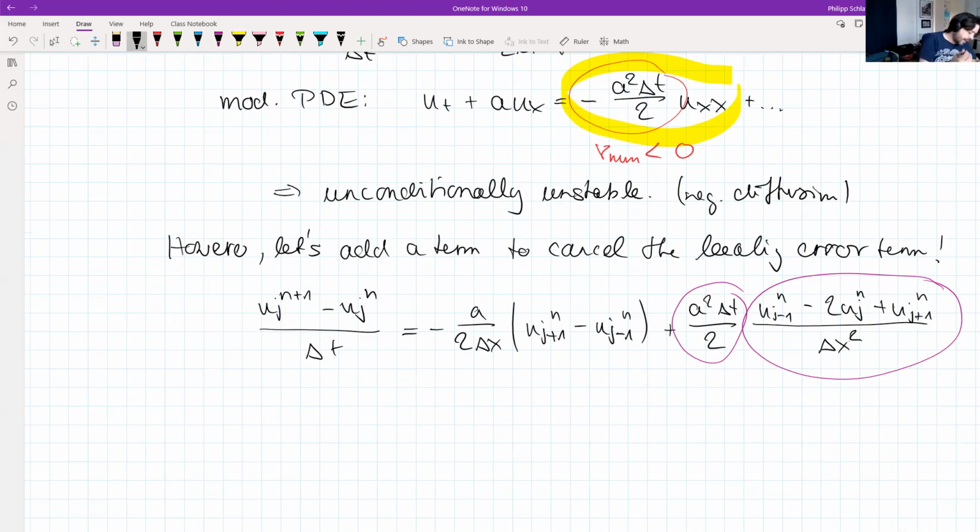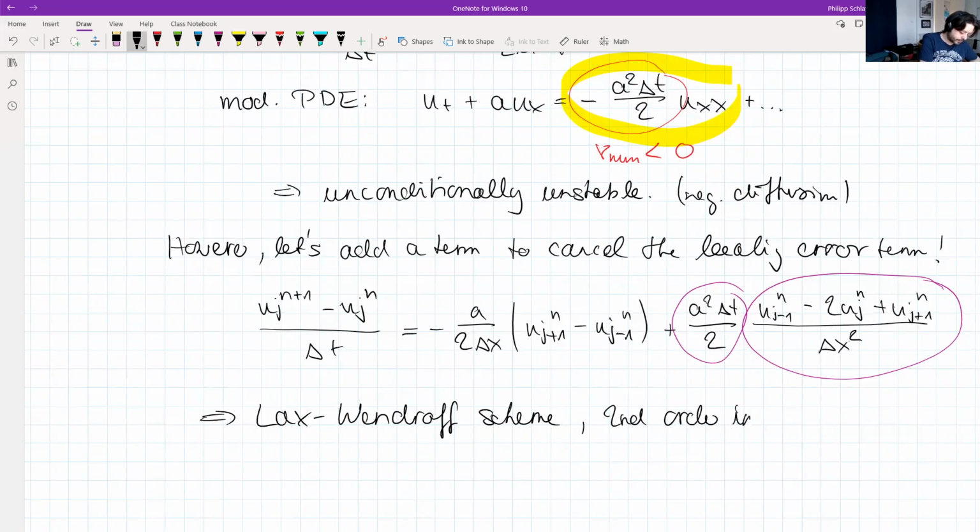And as it turns out, this is a scheme that is called the Lax-Wendroff scheme for the advection equation in this case. It turns out that this scheme is second order in space, and if you do the analysis, you will also see that it's second order in space and in time. So by doing that, we have also managed to cancel the lowest order error term in time.